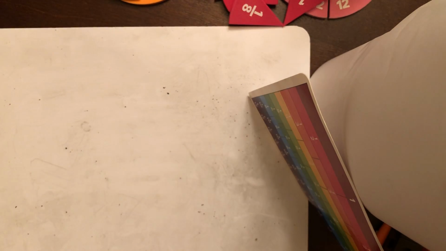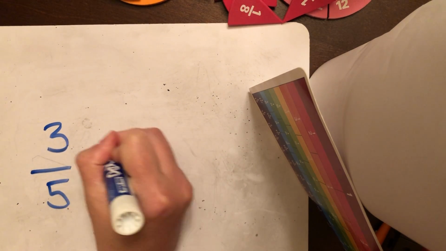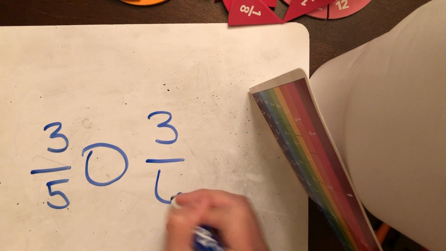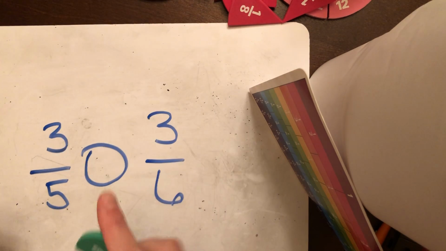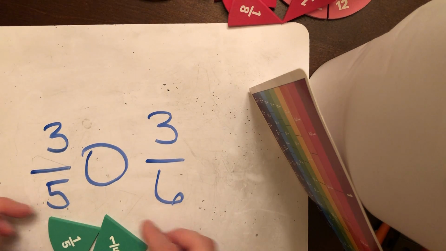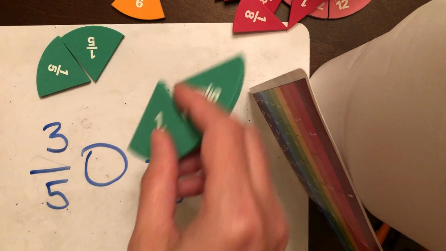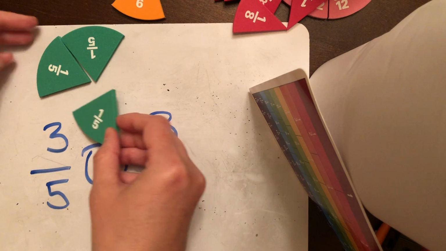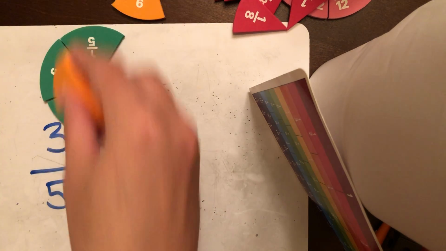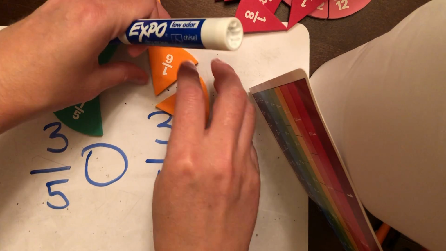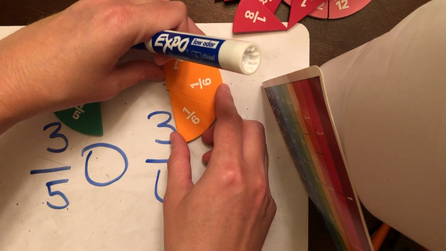Let's do one more. 3/5 compared to 3/6. So let me grab, I'll put this up here. Three-fifths compared to 3/6, which takes up more space.